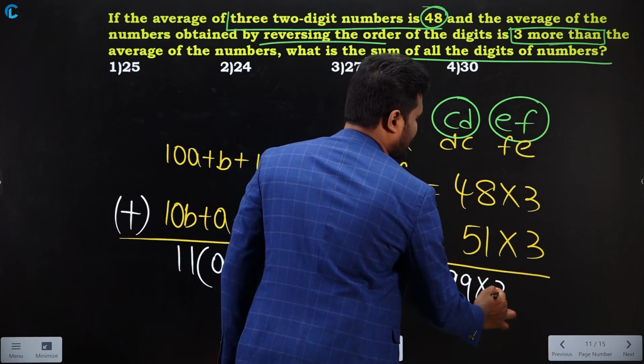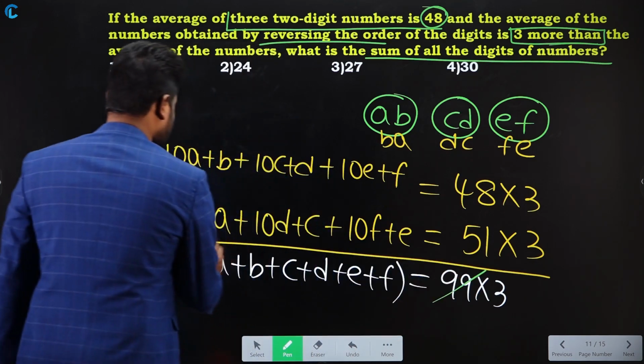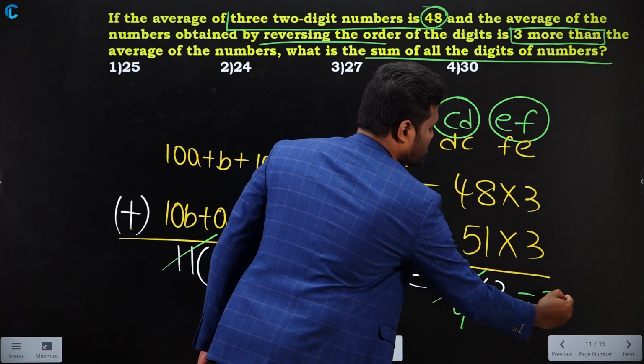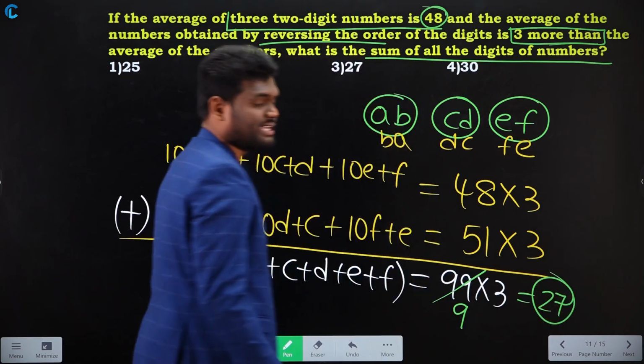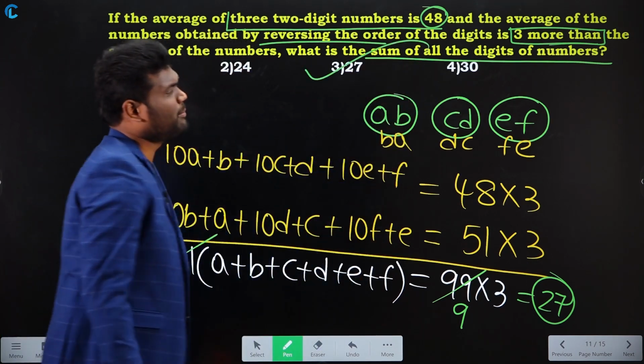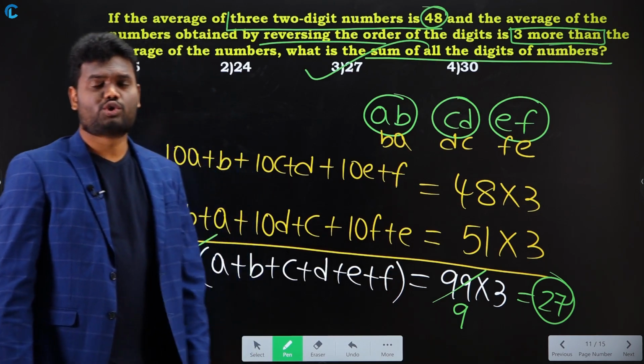So 99 into 3. Yes or no? So calculate this. 99 cancels in 11 how many times? 9 times. So 9 into 3 is going to be 27. So the answer for this question is going to be 27. The sum of all the digits in the number is nothing but 27.